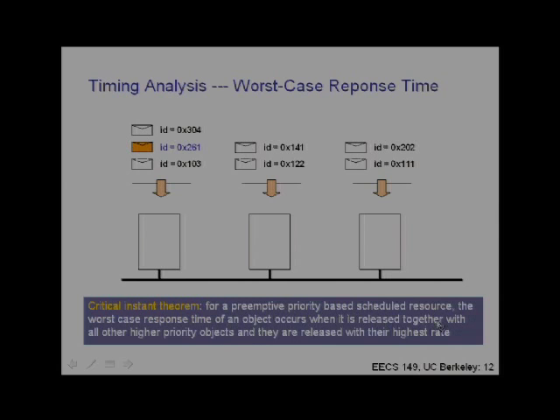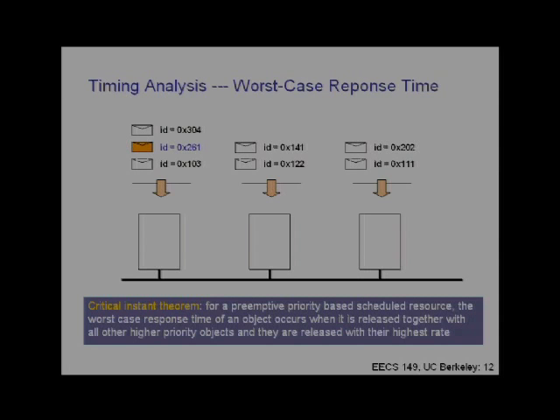So what this says is that if I want to determine the worst case response time of a given message, the scenario under which that happens is when that message is released together with all the higher priority messages from all the ECUs, and those higher priority messages are released with the highest possible rate. Intuitively it makes sense: the worst case response time happens when there's the most contention for the bus from higher priority messages.